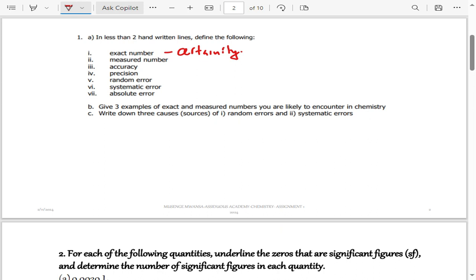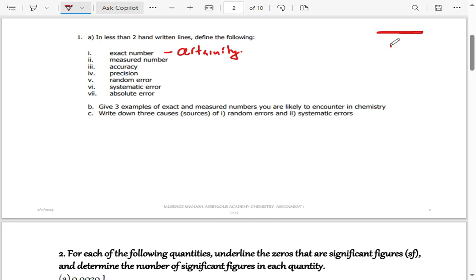Now, things that you measure are not going to be exact. So a measured number is a number that is obtained from measurement and it has got some degree of uncertainty. For example, let's say I get a wood that is this length. I'll ask one person to use a ruler to measure it.